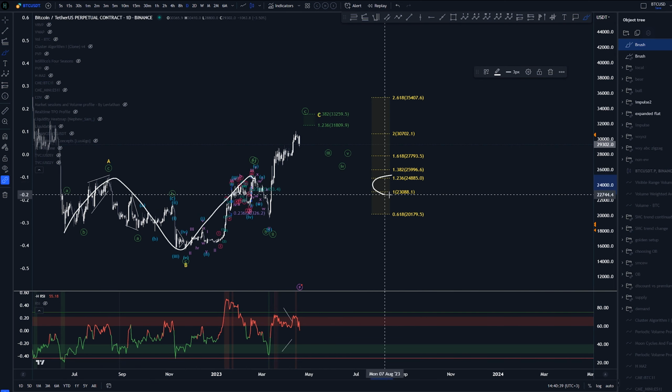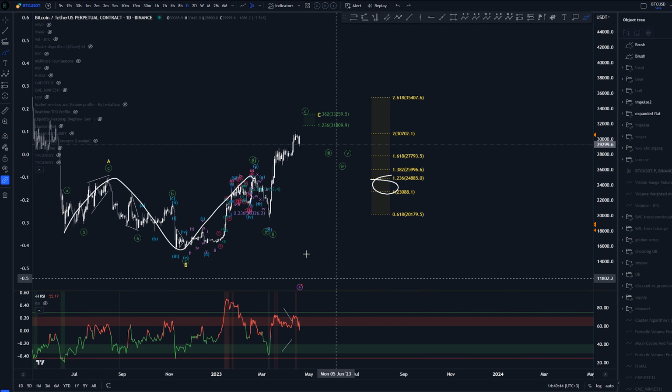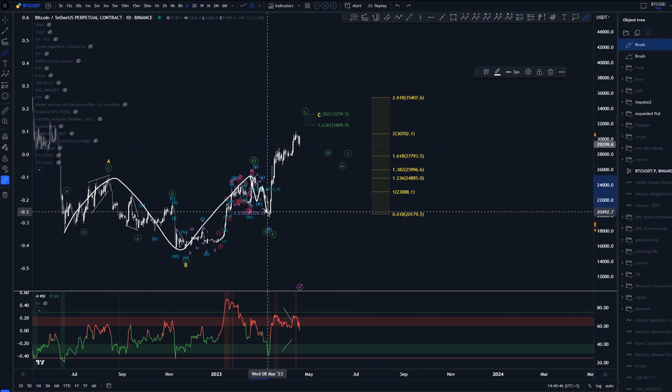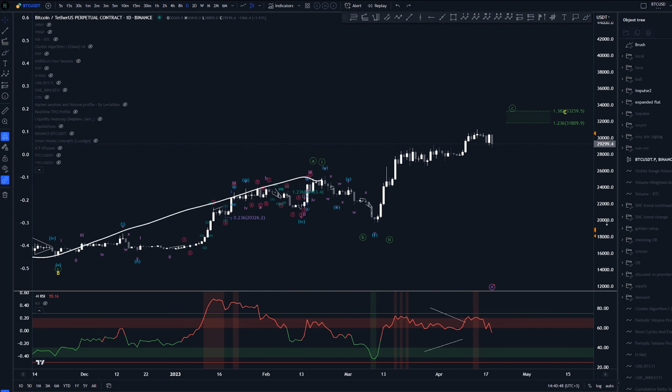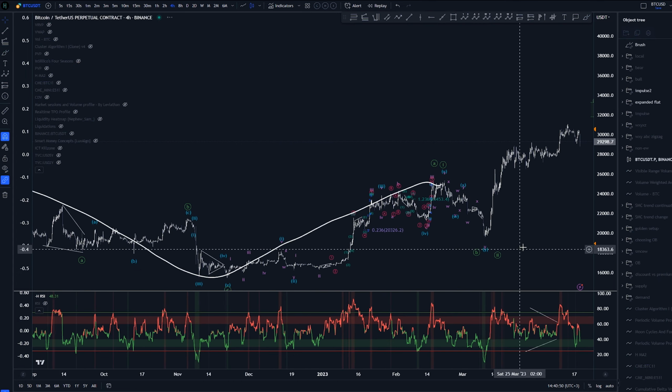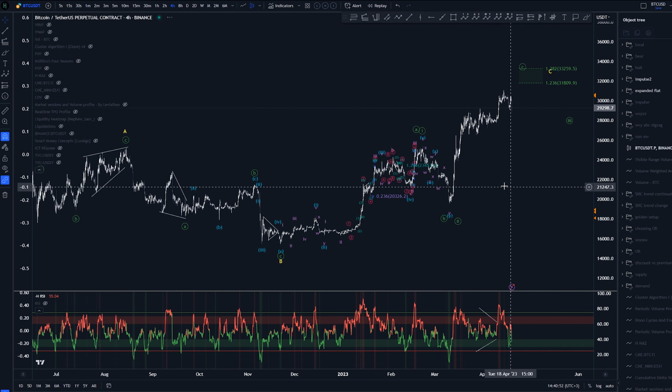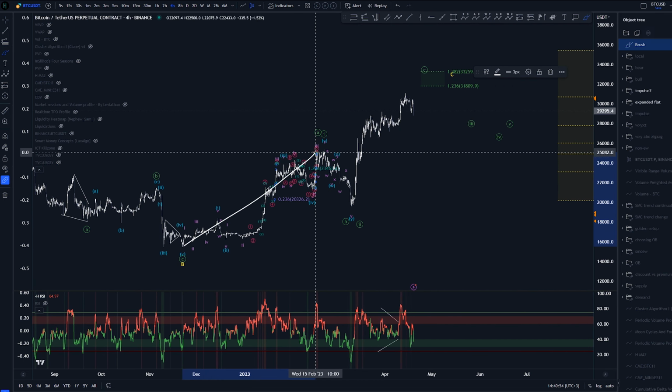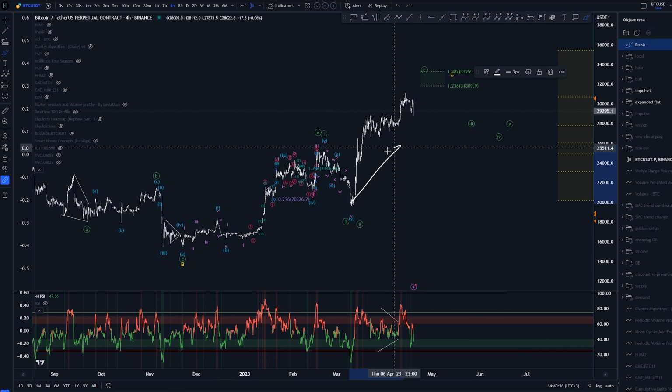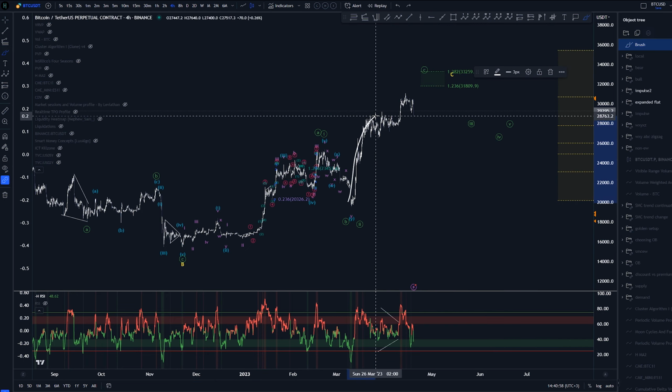We were hitting some of the bear targets here and had a possibility for a continuation. We had a move downwards, however, that turned out to be in 3 waves, which means that it is a correction of this move, and we are going to be getting a continuation to the upside. And that upside we did get.